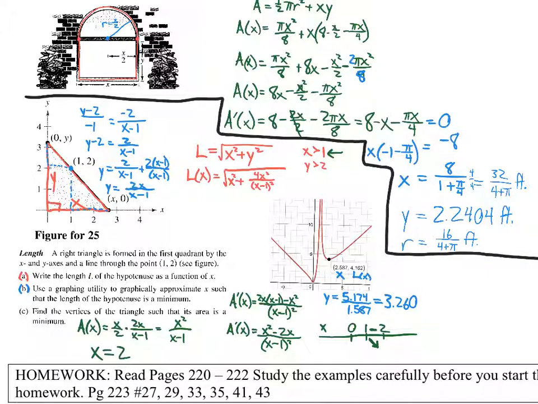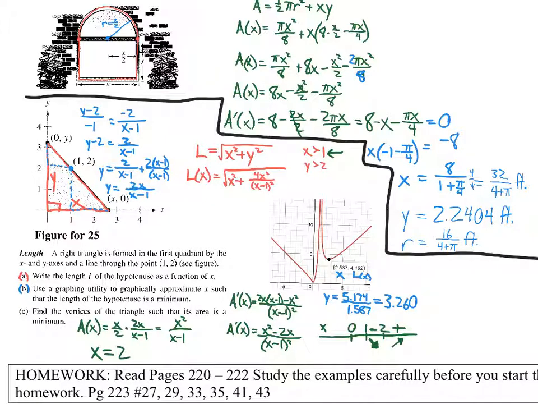We're decreasing to get to 2. Now, in order for 2 to be the minimum, it has to be increasing on the other side. Let's see if that happens. If I plug in a 3, I get 9 minus 6, which is positive, over what's always positive, something squared. So that is correct. This is positive, and we just showed that x equals 2 is the minimum.